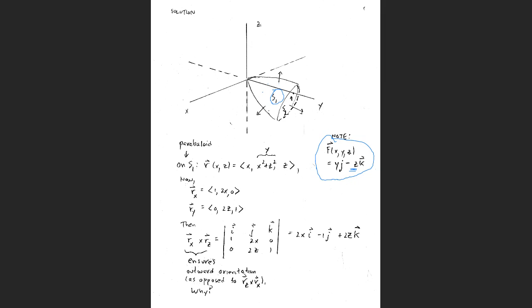It's really quite simple to see: because the vector field equals y times j minus z times k, if you were to superimpose the vectors over that surface S1, the paraboloid, the vectors would be flowing into the surface, inward, not outward, inward. Does that make sense? Are there any questions on that?